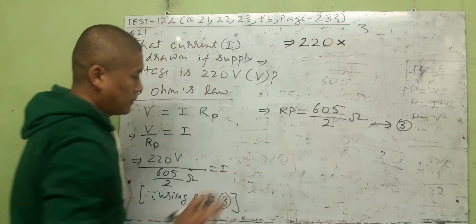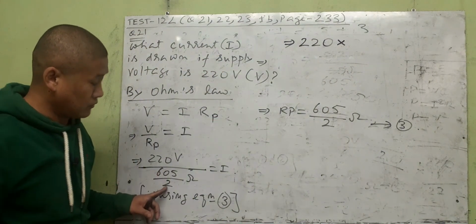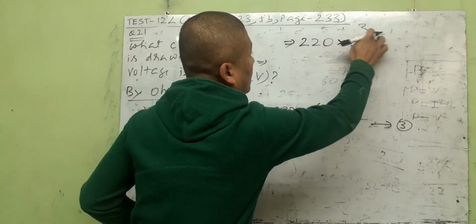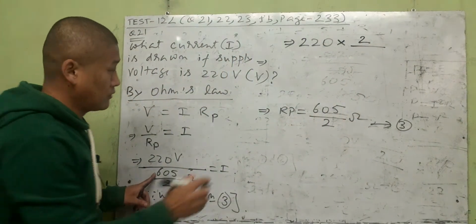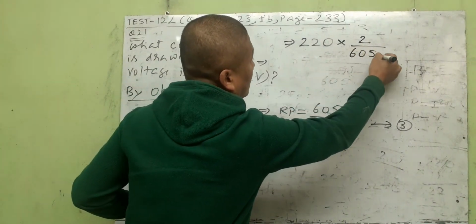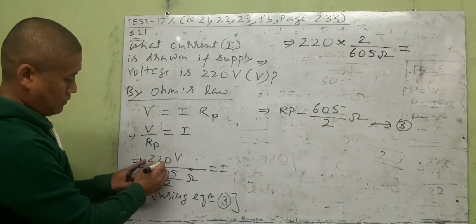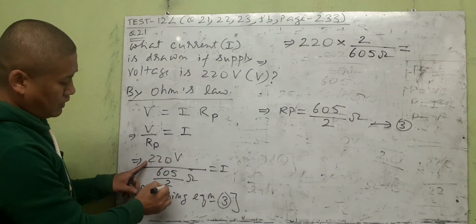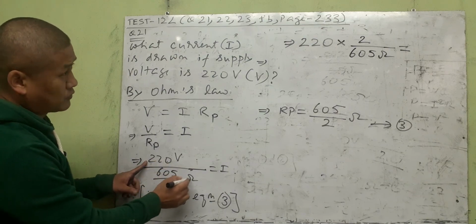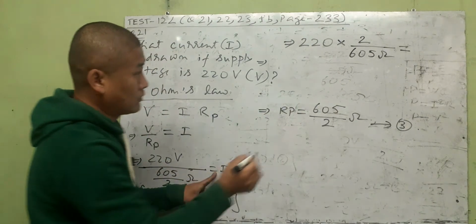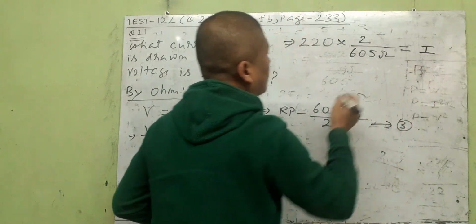If we change it to multiplication, then the denominator 2 will go up, and the numerator 605 ohms will come down along with the ohms. So this part: 220 into this 2 will go up, 605 ohms will come down. It's like this, equal to I value.